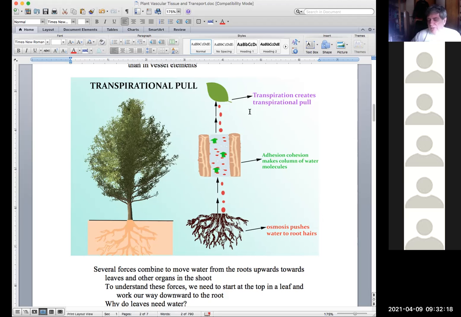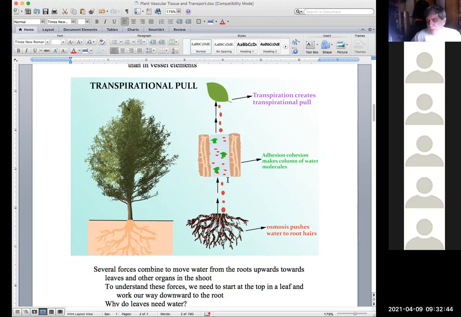It leaves the leaves. But what you have to keep in mind here is we have a chain of hydrogen bonds linking all our water molecules. So imagine that you jerk on that chain and you pull a water molecule out of the leaf through the stoma. Well, when you do that, that pulls all the other water molecules in this chain up one notch.